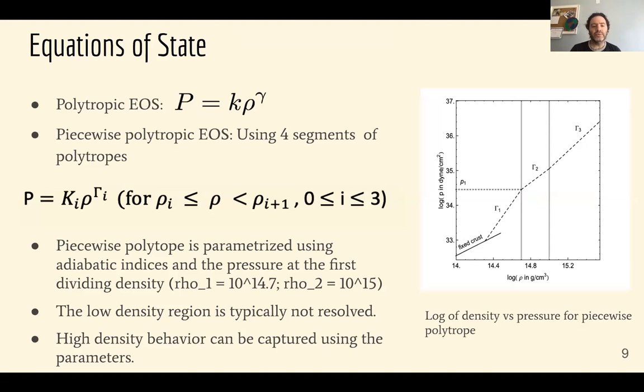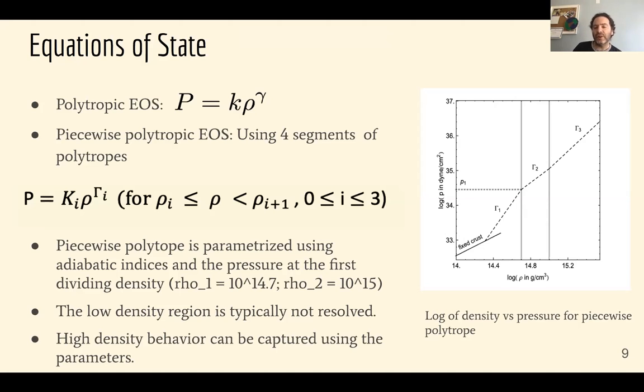One of the widely used models within the field, certainly one that makes it easier to compare, are piecewise polytropic equations of state. The leading models typically involve 3 different polytropic segments for the high density regime, where the convention has become to allow the segments to change character at 2 reference densities, 10 to the 14.7 grams per centimeter cubed and 10 to the 15th grams per centimeter cubed.